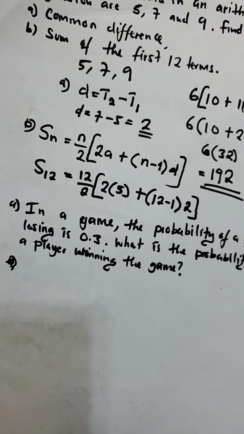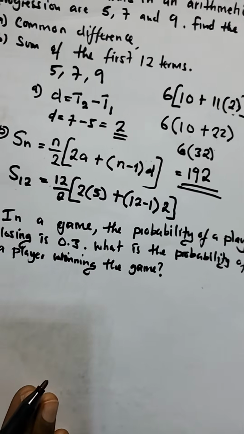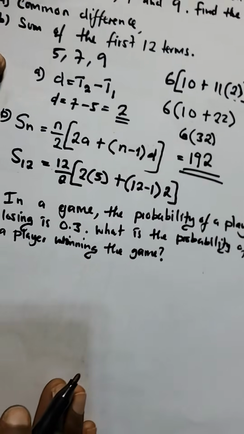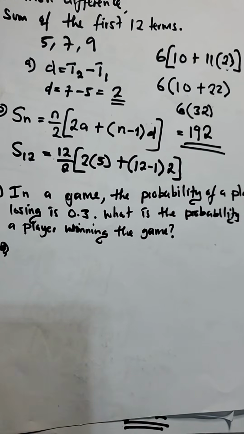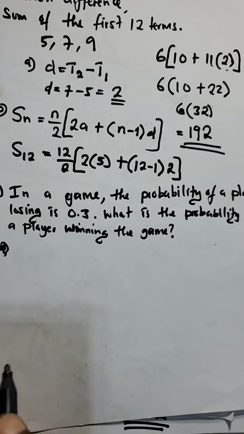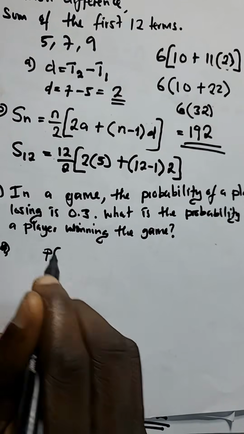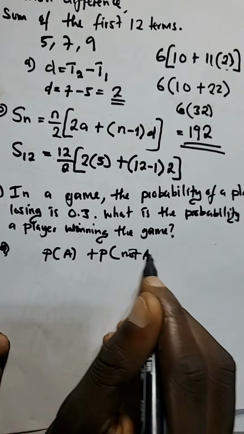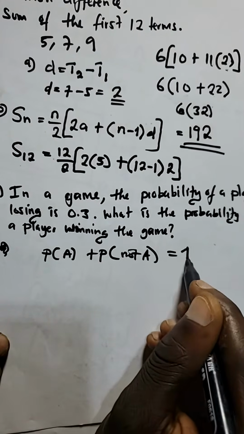This is simple. You know, guys, that in a game, there are certain games where you can either win or lose. There is nothing like draw. So, in such cases, this is what we call probability of A plus probability of not A is equal to 1.